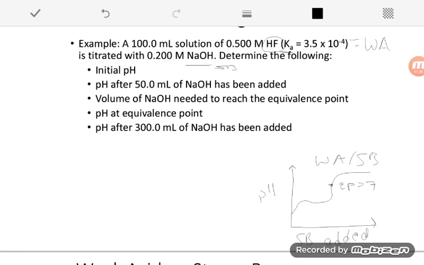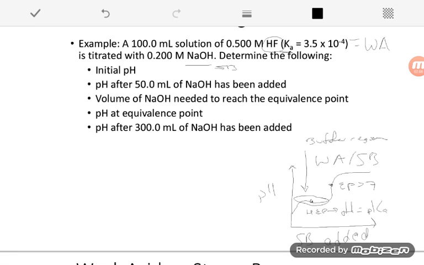Some other things that are interesting about my weak acid titration, of course, I also have my half equivalence point. And at the half equivalence point, that's where my pH is equal to my pKa, so it's good to keep that in mind. In this whole region right in here, we call this the buffer region.